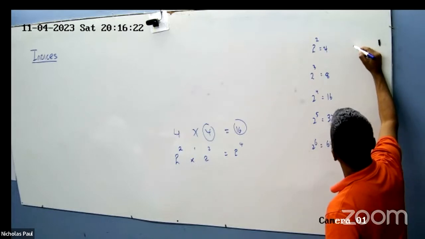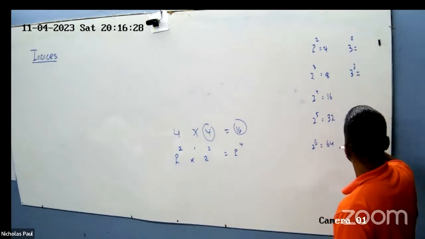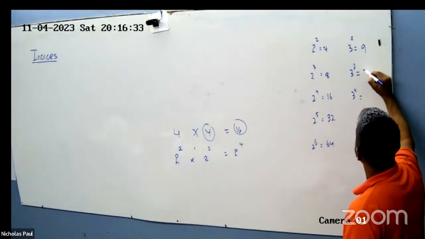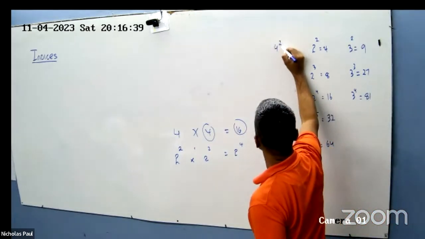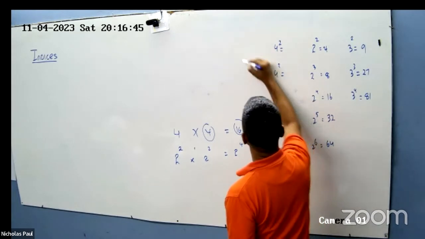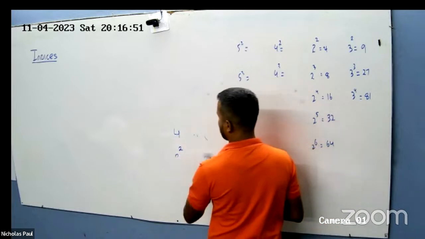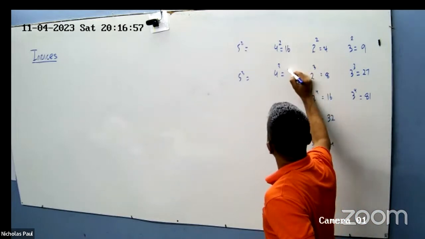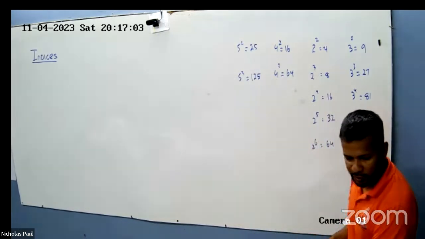You should also know it for 3. These are the popular ones. You should also know 4 squared, 4 cubed. You should know 5 squared, 5 cubed. Of course, all the other squares, but these are the more popular values. This one is 16, this is 64, this is 25, this is 125. All right, so we should know those values.